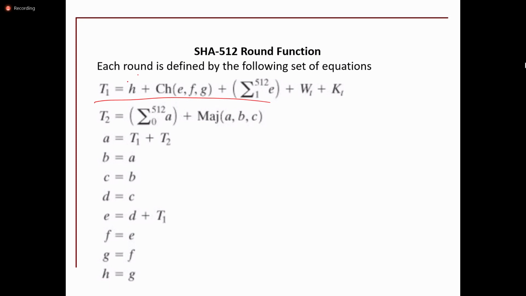This H is nothing but the previous block's hash code, and then it will simply apply some XOR operations, or some addition operations, or some subtraction operations will be performed. So it is going to take the summation. Here it is going to take the three buffers E, F, and G, and it is going to apply the function.